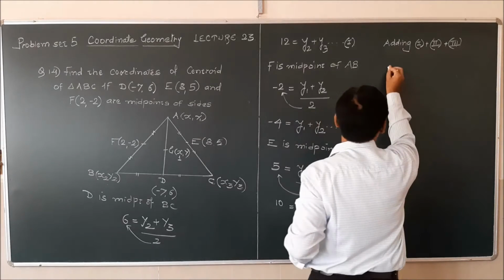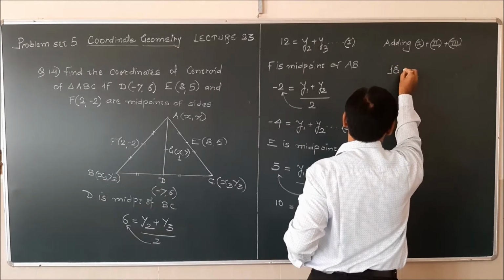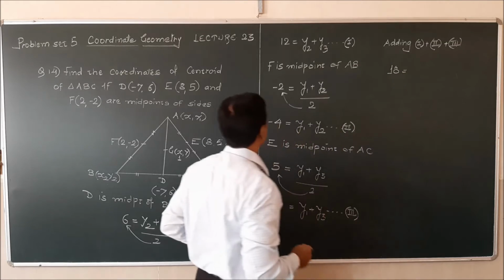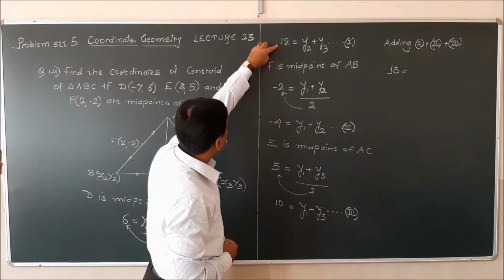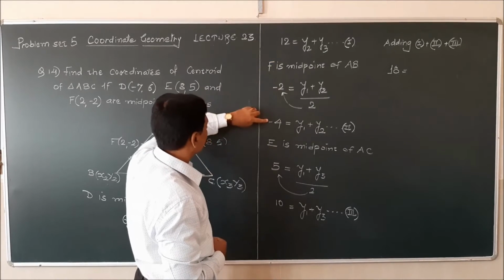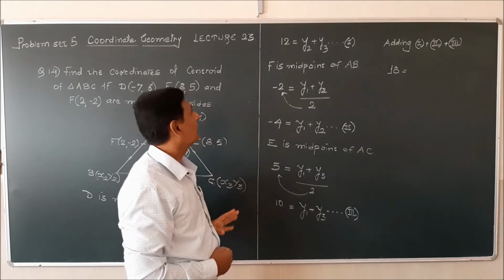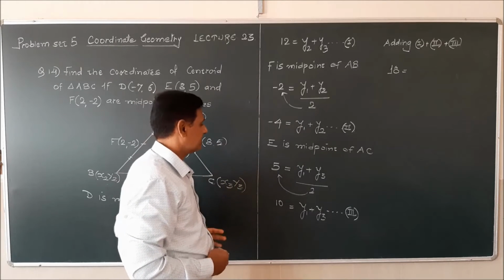Be careful, don't make a mistake, as I was going to make a mistake over there. Again, try to understand: 12 minus 4 is 8, 8 plus 10 will give us 18.